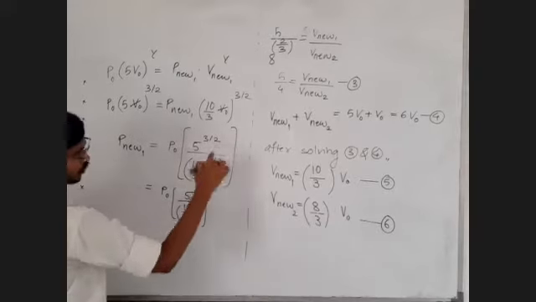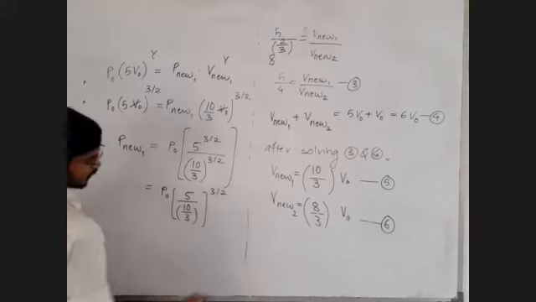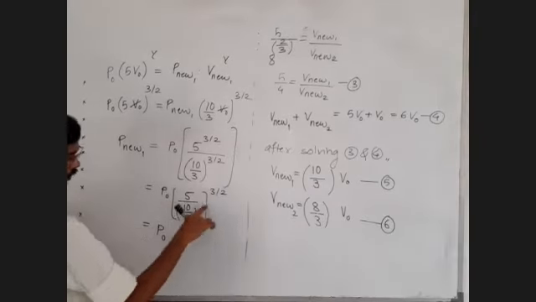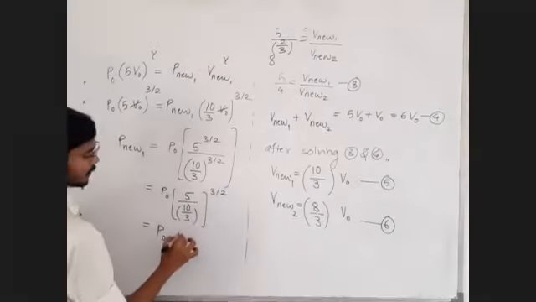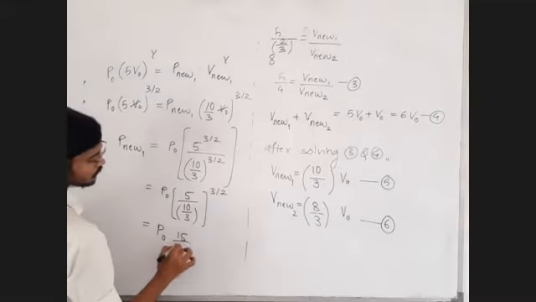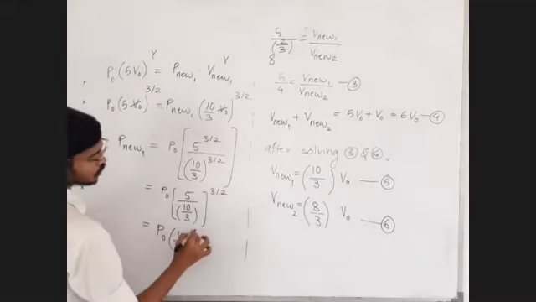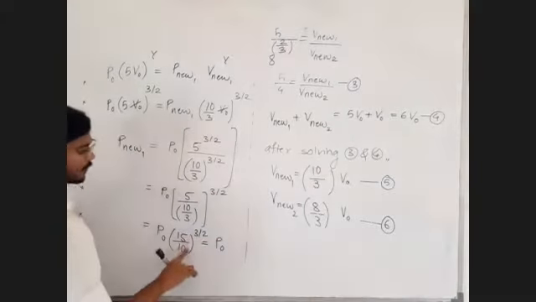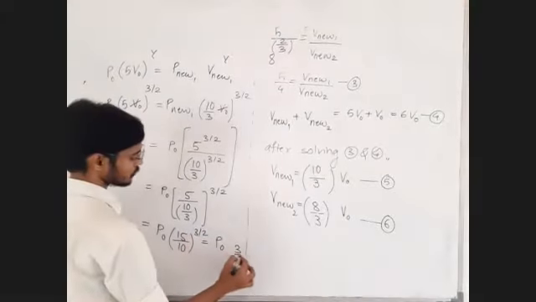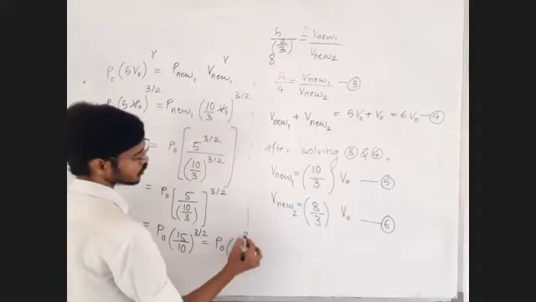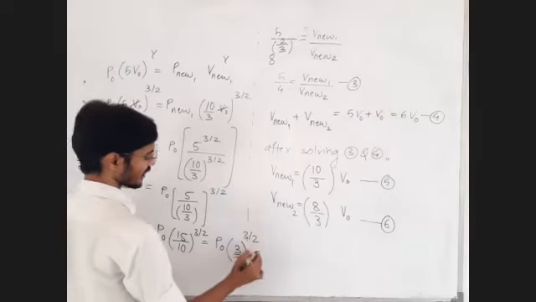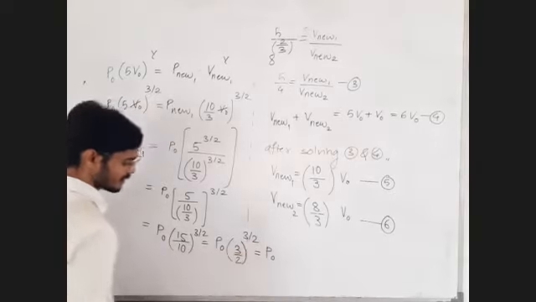Whole raised to 3 by 2, that will become P0. This 3 in the numerator will become 15 upon 10, raised to 3 by 2, equal to P0. 15 upon 10 is 3 by 2, so 3 by 2 raised to 3 by 2. Now the 3 by 2 and 3 by 2 will not get cancelled, so don't make any silly mistake.